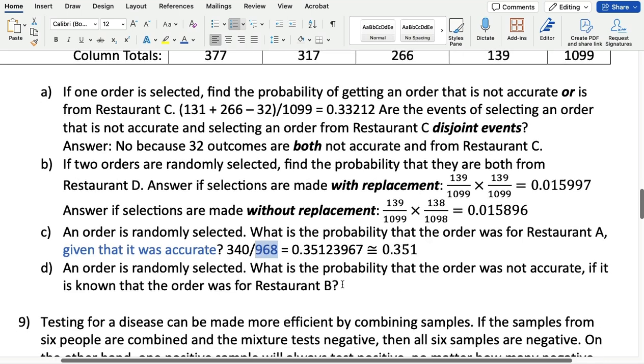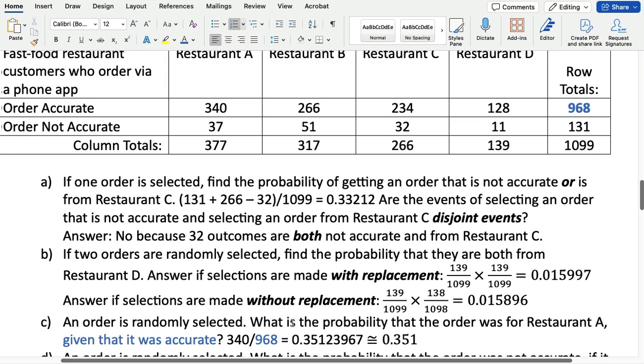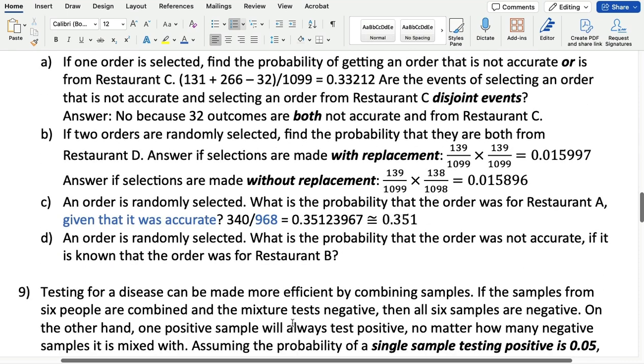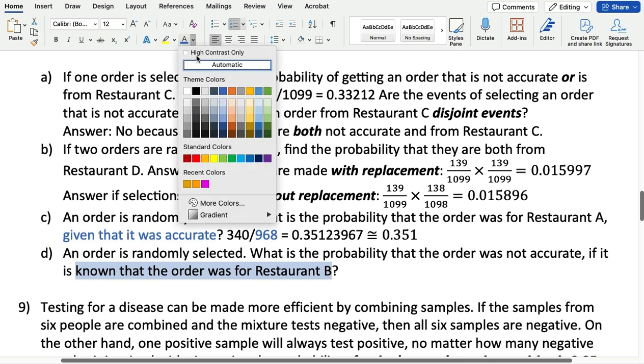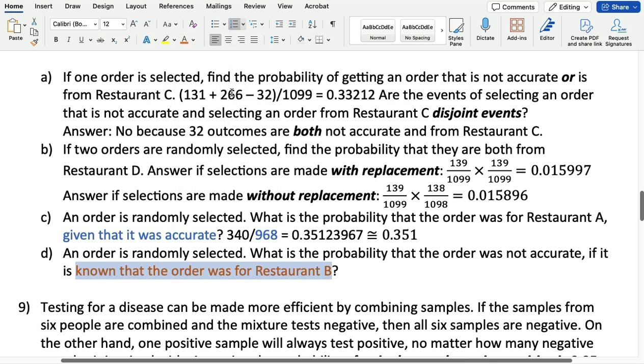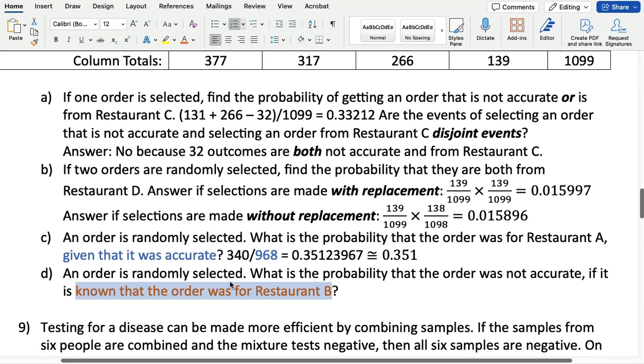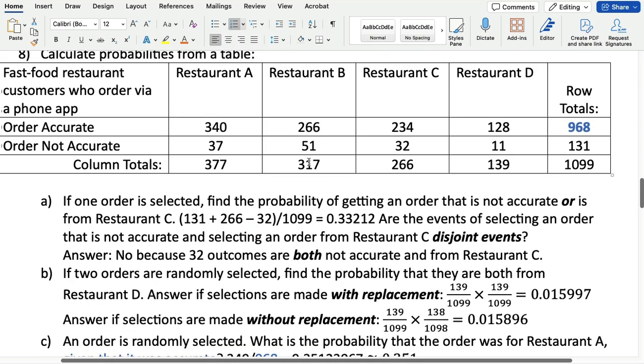And then the last question that we're asking from this table is, an order is randomly selected. What is the probability that the order was not accurate if it is known that the order was from restaurant B? So now we're assuming that the order was for restaurant B. So where is restaurant B? Here's restaurant B here.